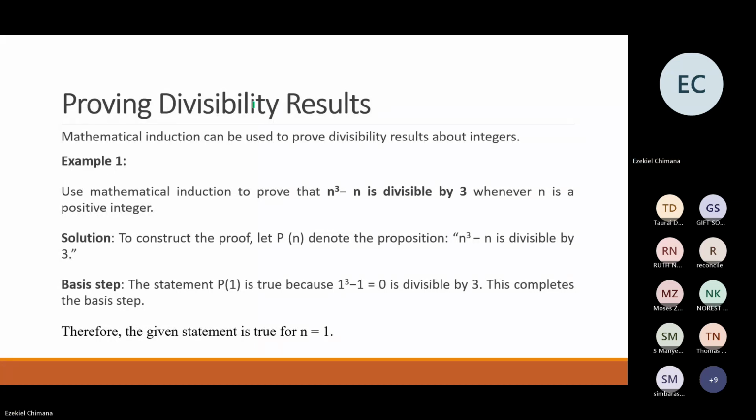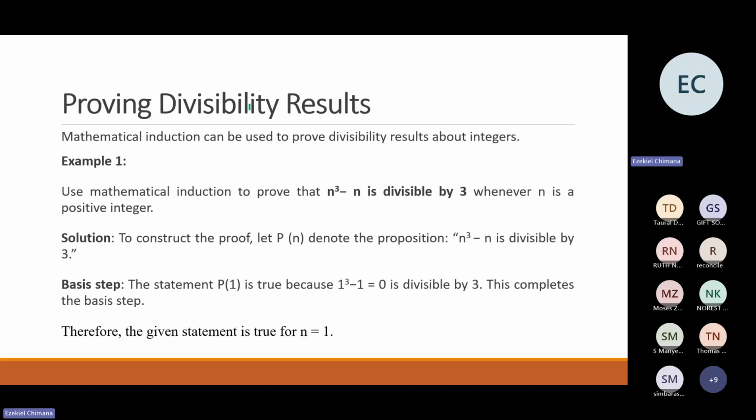Otherwise, it may seem false because when I'm trying the basis step, it's not giving me the correct answer. Look at the domain that we are using. We are saying n is a positive integer. Maybe you put in negative numbers, get the wrong result, and then claim it is not true.